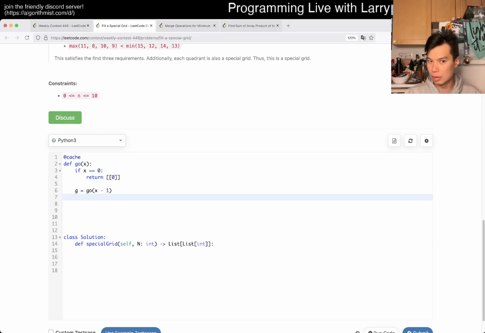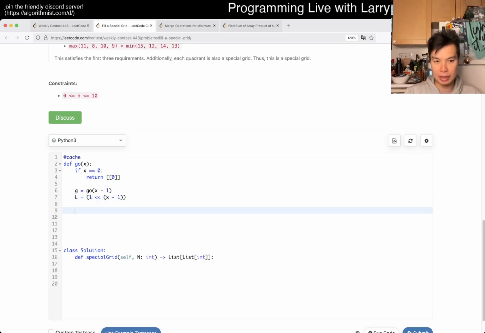So if x is 1, then there's 2 by side, so it's four elements, 2 by 2. So each one of these is going to be 2 to the x minus 1 size for each of these, right? So that gives us the offset.